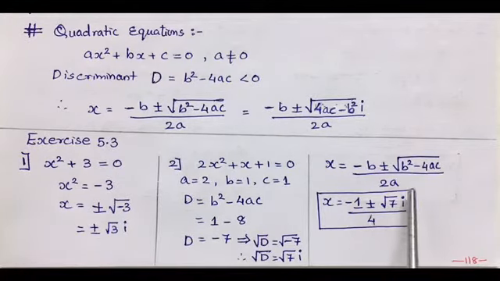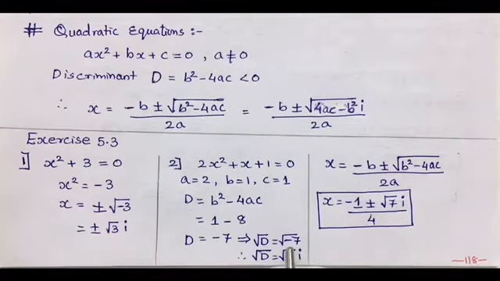Now in the formula we make use of root of D. So root D becomes under root of minus 7, and as the negative sign is inside the root, we express it as i. So root D is equal to root 7 i.